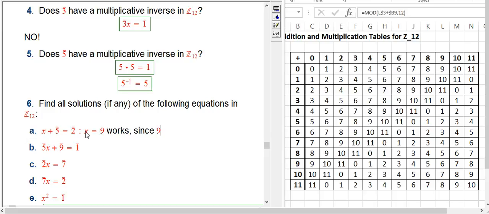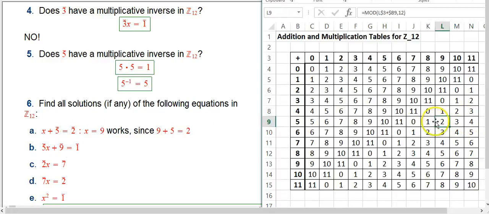Since 9 plus 5, and again, I'm going to be lazy and drop the bars, if we did it as ordinary integers, it would be 14. Okay, and I'm just going to immediately reduce that and say, oh, 14, that's just a slightly more complicated name for the number 2. We're thinking of them as the same thing. Okay, so indeed, that has a solution, and it's the only solution. That's the only way to do that.